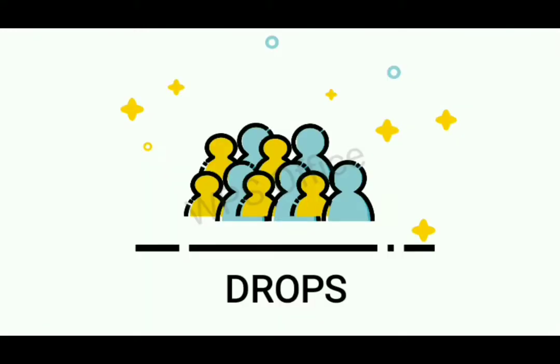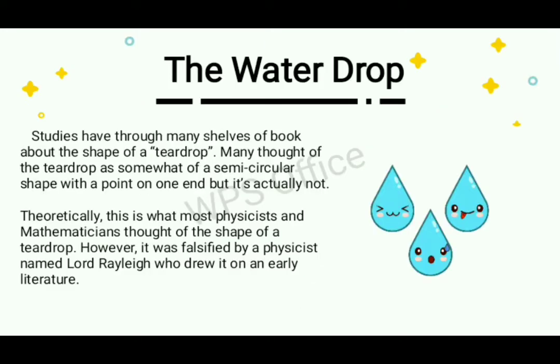The first case study of Ian Stewart is the drop, or the water drop. The water drop is basically where everyone thinks that it is the shape of a teardrop, but it's actually not. In reality, it has been noted in many literatures that a drop is not semicircular.